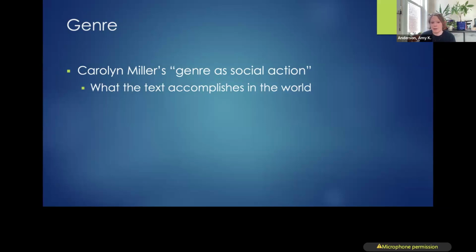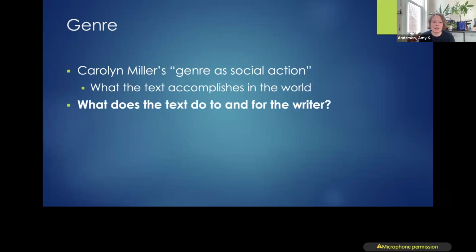When I was faced with AI and the way AI is influencing student writing, it got me thinking that this definition of genre isn't really sufficient anymore. The main question I was asking myself was, what does the text do to and for the writer? If we're only focused on what the text does in the world, then it doesn't really matter who's composing it or how it's composed.